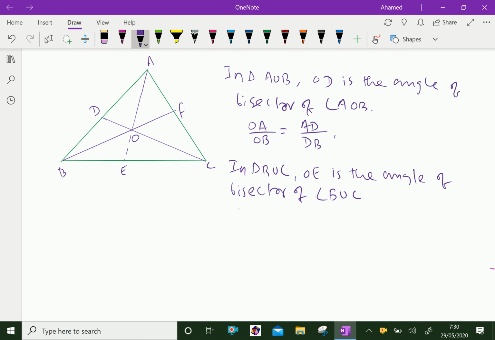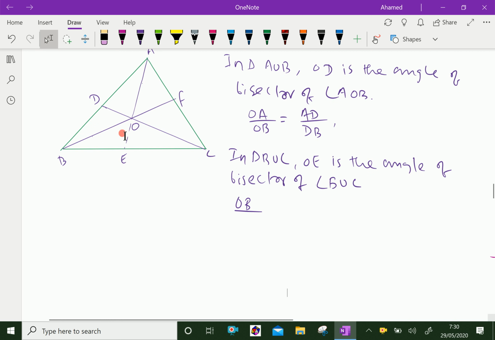Now we can write the ratio OB over OC equals BE over EC. OB over OC equals BE over EC. Let it be 2, this 1.